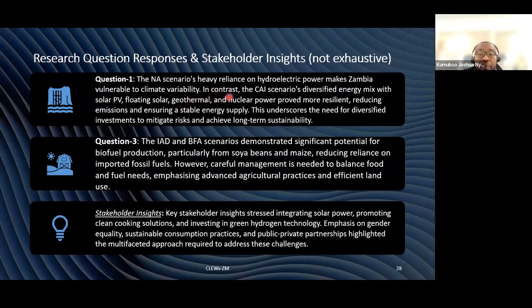In contrast, the climate-adjusted scenario showed a diversified energy mix with solar PV and floating solar coming into the mix. This underscores the need for diversified investments to mitigate risks and achieve long-term sustainability.